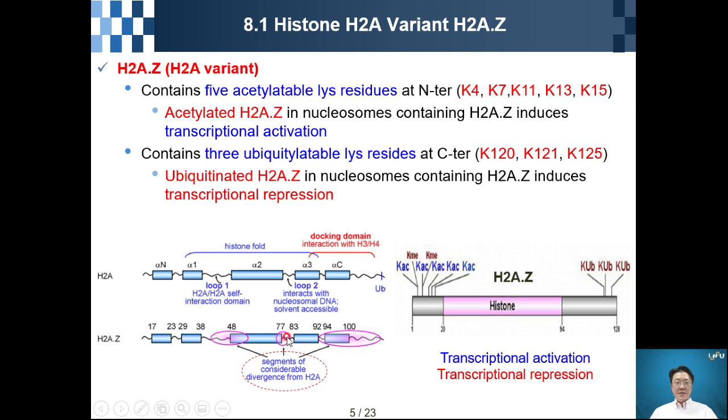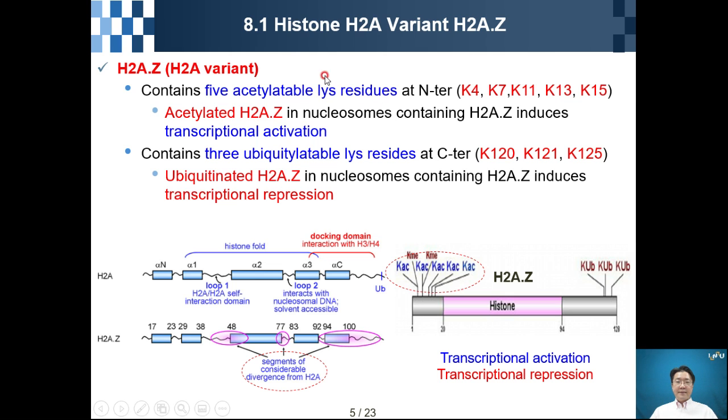So this region is a little bit different from H2A, and H2AZ also has other special characteristics. For example, the first one is that H2AZ has 5 acetyl lysine residues.